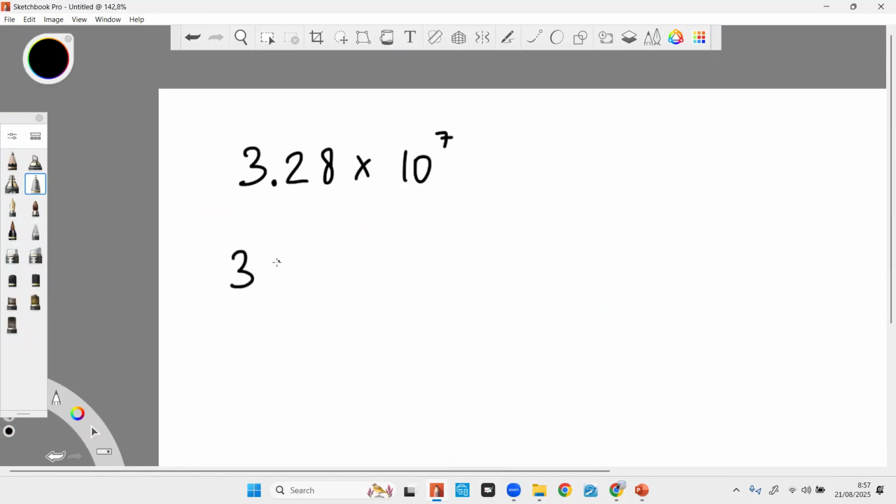Write down 328 here, right? If it is 7, how many decimal places do you have to move? 7, left or right? Right. Why? Positive. Okay. So move the decimal to the right by 7 times. 1, 2, 3, 4, 5, 6, 7.